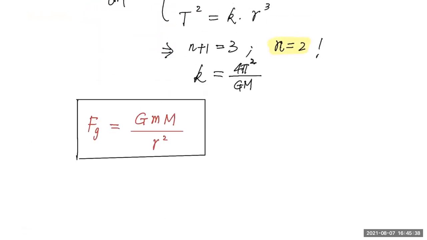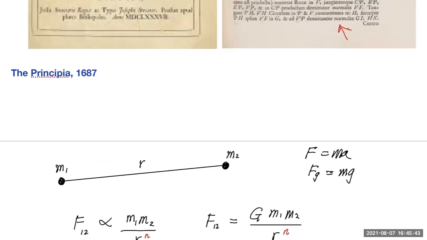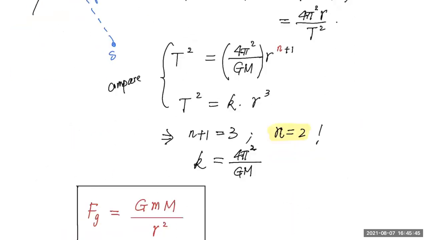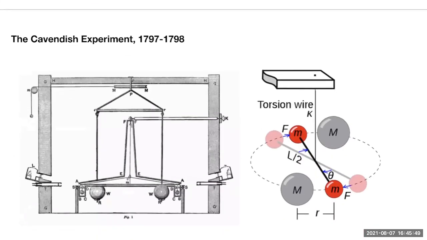That is over 100 years since Newton made his major discovery. That is known as the Cavendish experiment. It's an ingenious method that we still use today for measuring certain small quantities, certain small displacements.